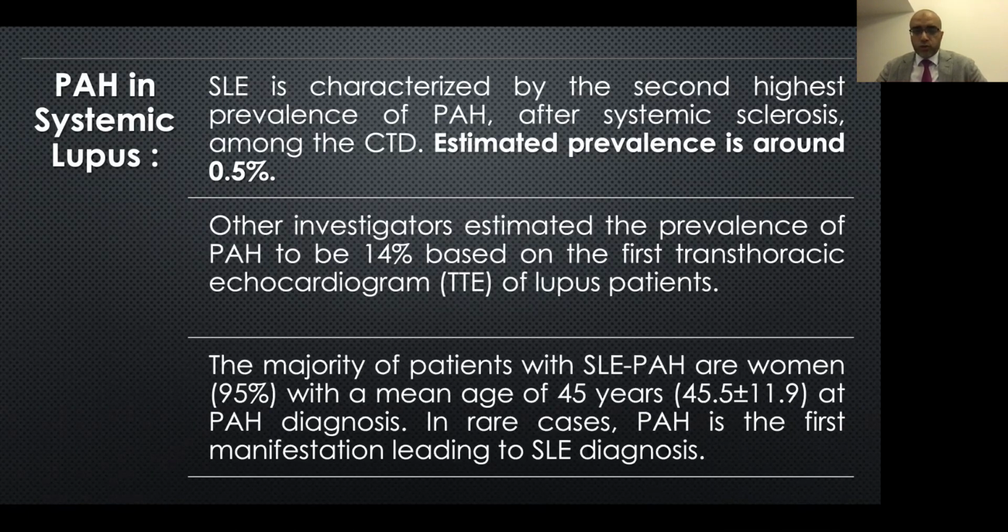But if you look at older prevalence studies depending on transthoracic echocardiography, we can find a prevalence reaching 14%. The majority of patients with lupus pulmonary hypertension are females, almost 95%, and most of them are diagnosed at the age of 40 years. And it is very rare to have pulmonary artery hypertension as the first manifestation at onset of systemic lupus erythematosus.